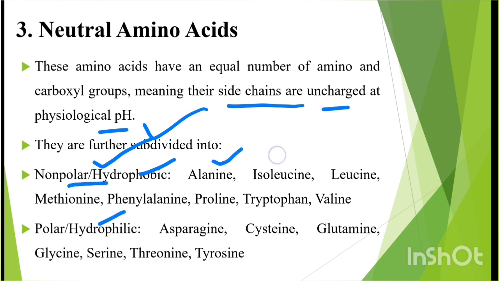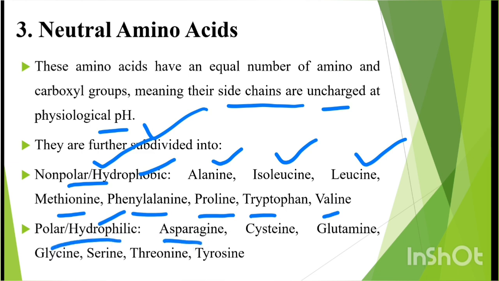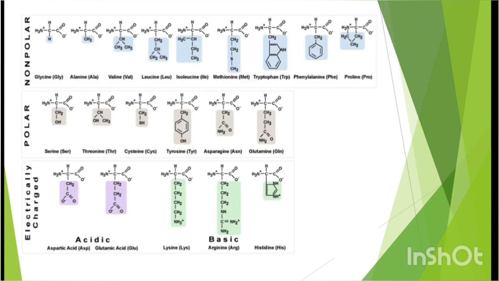Non-polar groups are alanine, isoleucine, leucine, methionine, phenylalanine, proline, tryptophan, valine. And polar groups are asparagine, cysteine, glutamine, glycine, serine, threonine and tyrosine. Okay. So these are the different groups of acidic, basic and neutral amino acids.